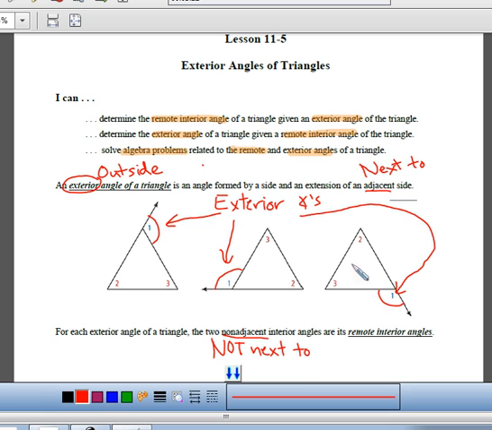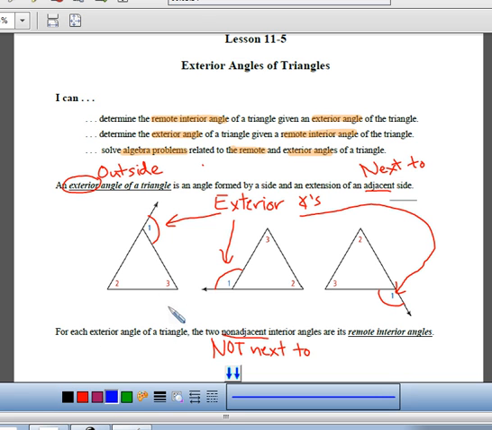So, non-adjacent means not next to. Now, if you think of the word remote, you probably have used a remote control before. A remote control allows you to be somewhere else in the room but still control a device. In other words, you're not next to it. You might be on the other side of the room, but yet the remote still works. Well, the same thing is true here.